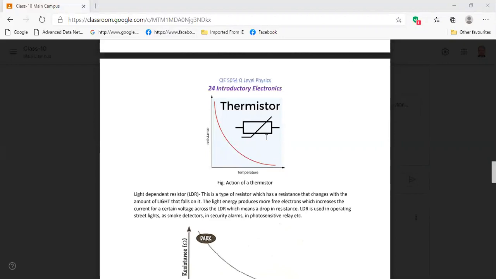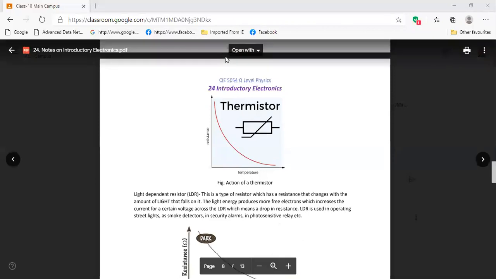Still confused? No, sir. You make mistakes, right? Yes, sir. You messed up. It's not confusion, it's messed up, isn't it? So you messed up with it, and it should be: if temperature drops, resistance increases. That's why current will decrease. Is it clear? Yes, sir.